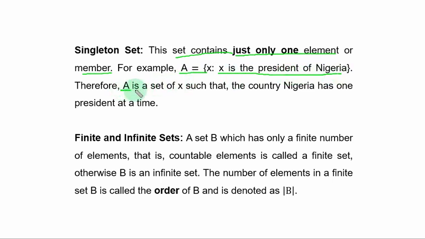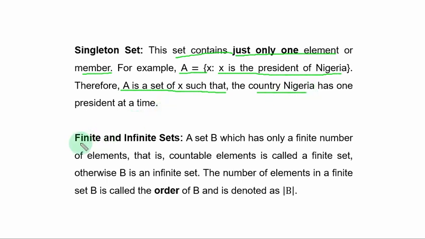Therefore, A is a set of S such that the country Nigeria has one president at a time. That set with only one element or member is called singleton set.